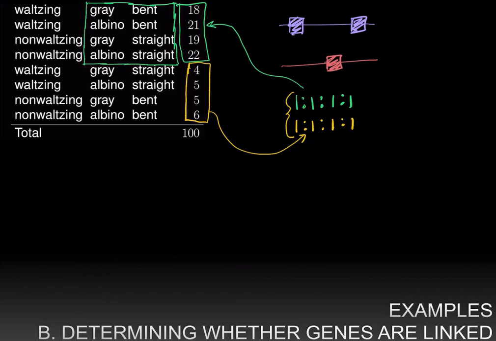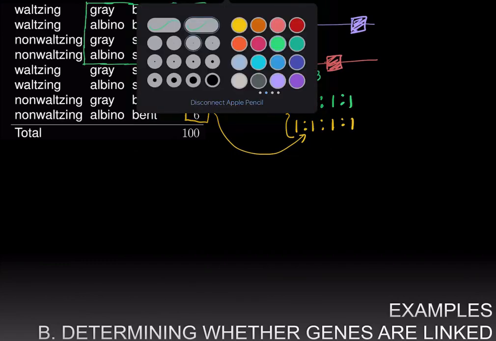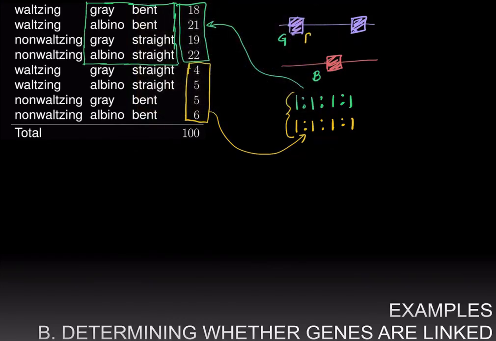So you could either have G on this chromosome and B on this chromosome, and I will write a different possibility. Let's say B on this chromosome and G on this chromosome. So far, all we know is that they are unlinked, but we don't know which particular chromosome they go to.